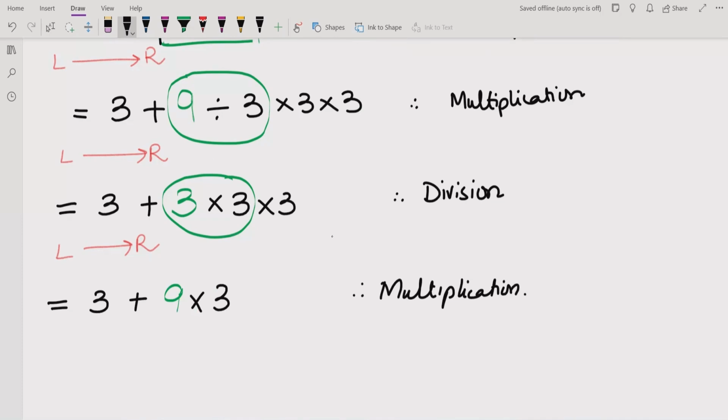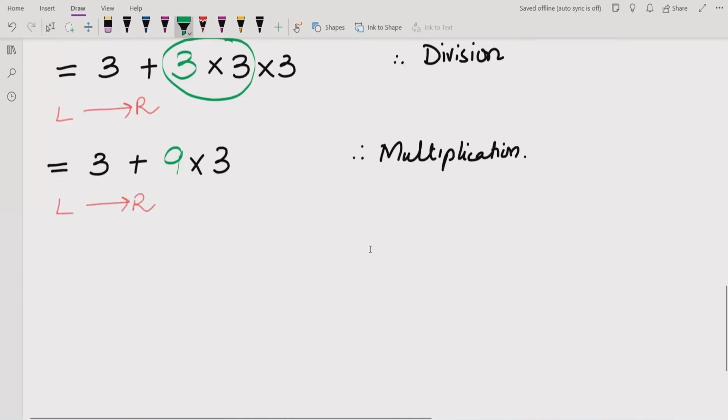Now again we will go left to right and see which one will be solved. This part we will solve, because as per the BODMAS and PEMDAS rule, we have to multiply or divide any number before addition and subtraction.